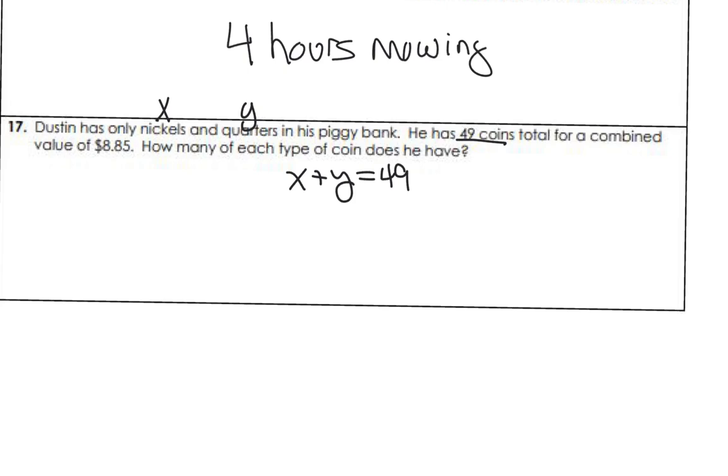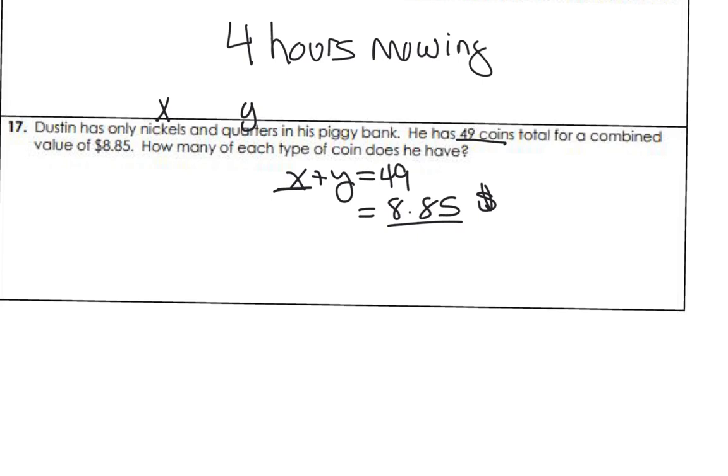All right, and the total equals $8.85. You say, well, wait a minute. I only have an X and Y. They didn't give me anything else. Well, this is money, right?